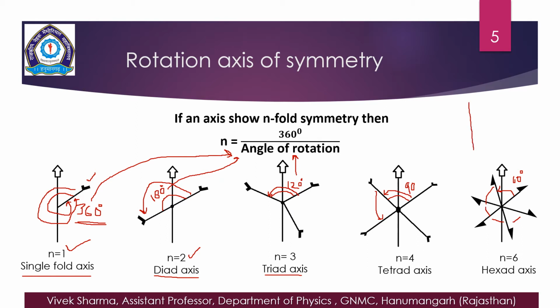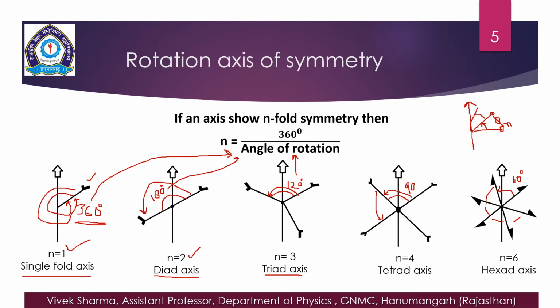So in general, if I consider an axis like this one, and I say that after a rotation of phi n, where phi n is the angle after which the crystal regains its original configuration, then after every phi n angle, there must exist some other lattice point.